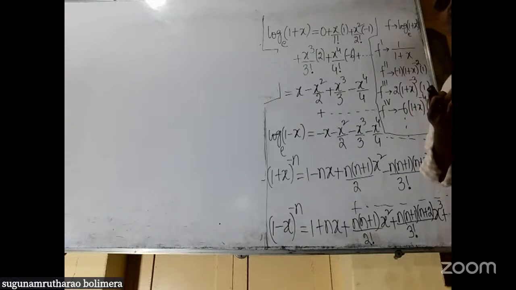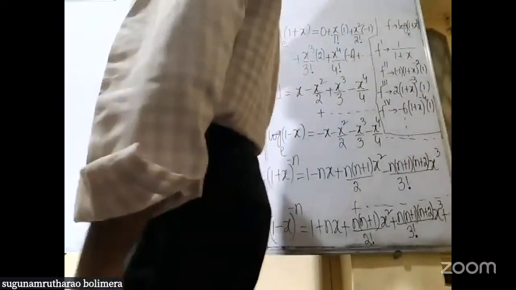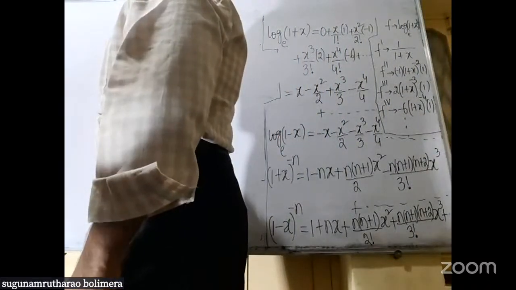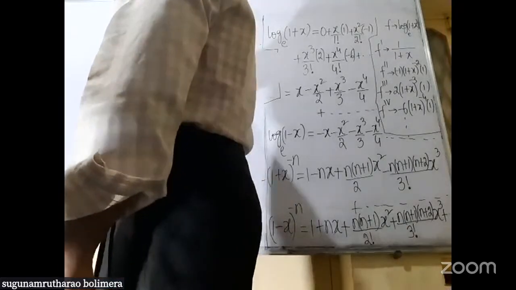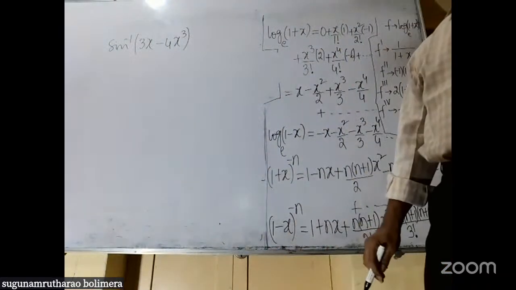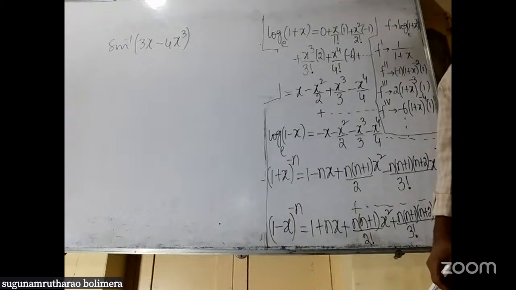Find the expansion of sine inverse of 3x minus 4x cubed. Everybody got it or not?